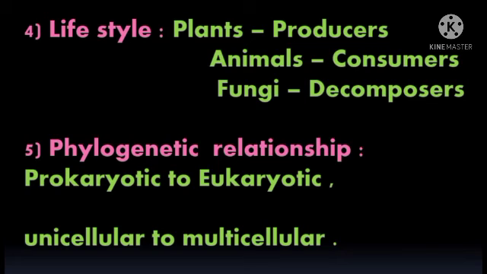Once the plant is dead or once the animal is dead, they feed on the dead organic matter. Hence, they are known as decomposers. They are again composing the energy while eating the organic matter. So, plants are known as producers, animals consumers, fungi decomposers.